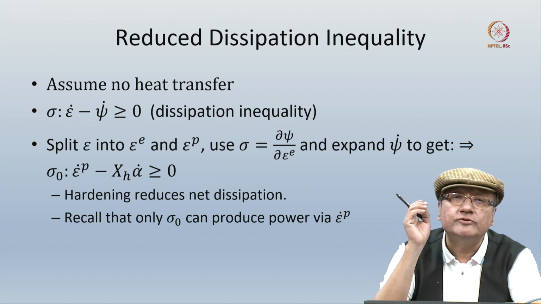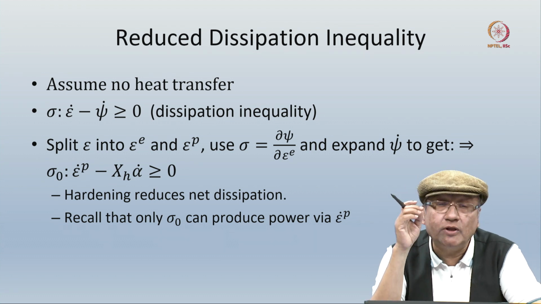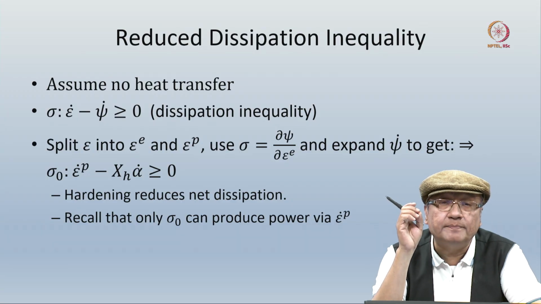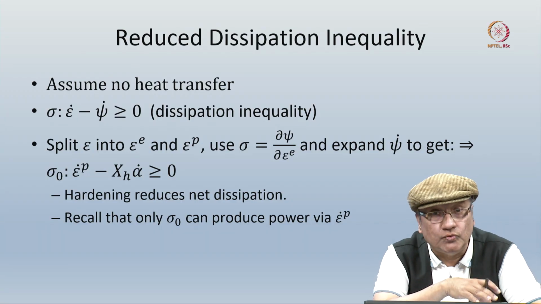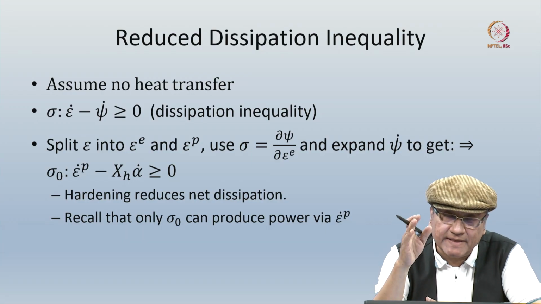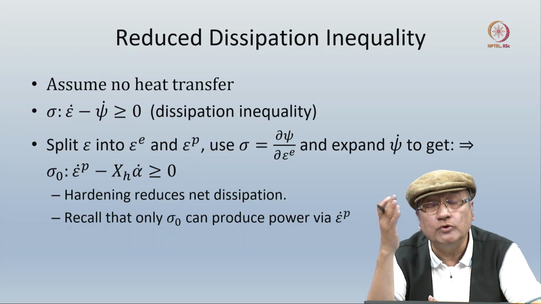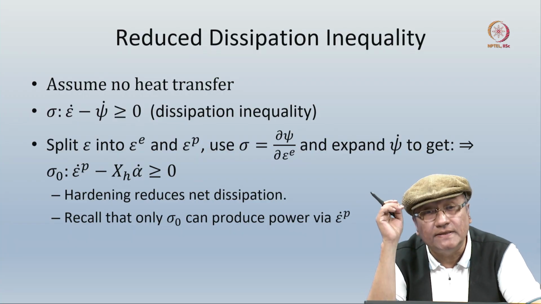Now assume no heat transfer for the time being, all right. Why? Because I know that there is the perfect plasticity part here too. Hardening plasticity means there is a perfect plasticity part plus hardening as an additional mechanism, and we know that perfect plasticity always dissipates heat.